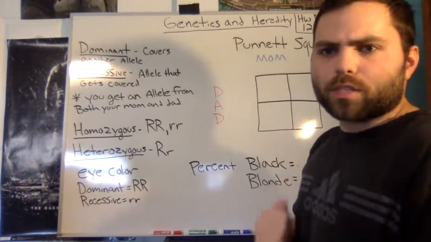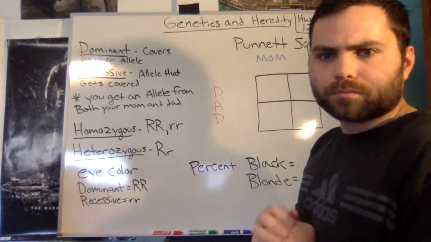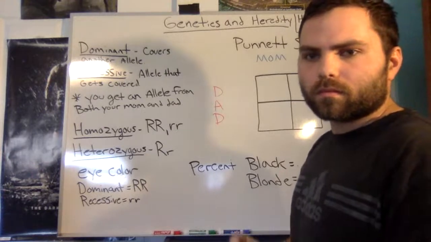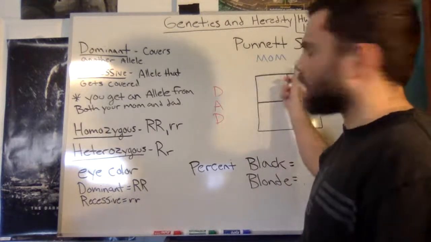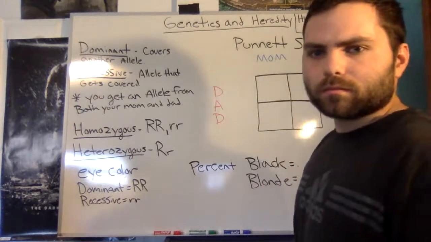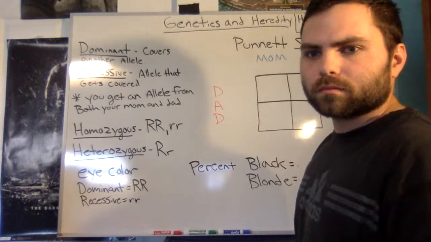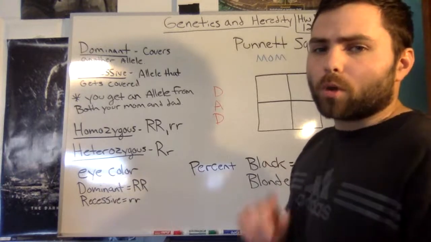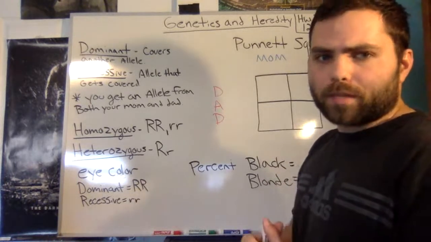And for this, let's use B this time. What am I going to write up here for mom? Remember, homozygous, that means both of them have to be the same.